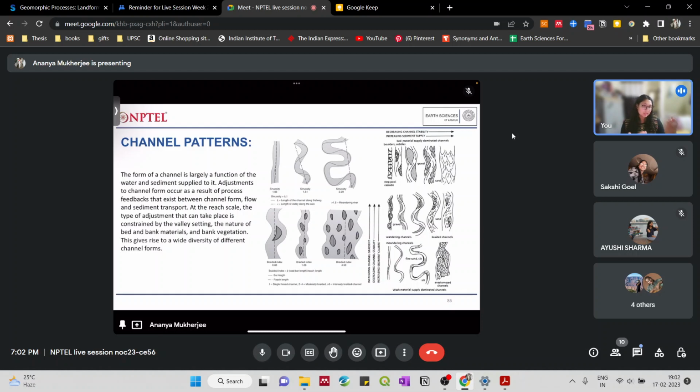When you're studying river geomorphology, the water flowing at any certain point is going to take the easiest route available to it. Suppose you have a harder rock, which is going to take much more force to erode, and there are softer or loose sediments on the other side.